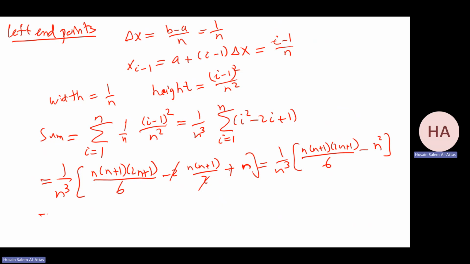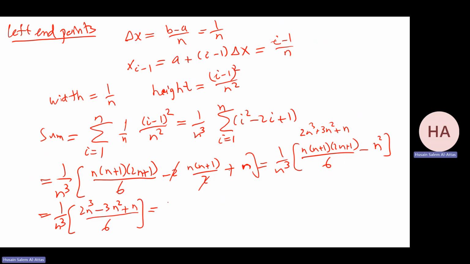When you do the calculations, that will be 1 over n cubed. If you remember, minus 6, that will make it, yeah, we have 2n cubed minus 3n squared. Because you have 2n cubed plus 3n squared plus n. So that will make it minus 6, so it's minus 3n squared plus n over 6.